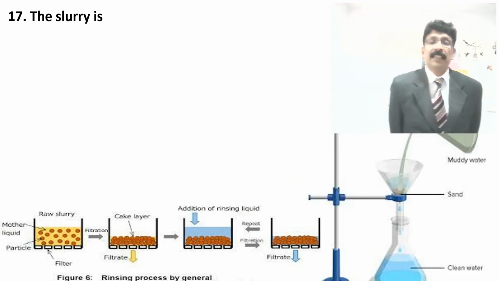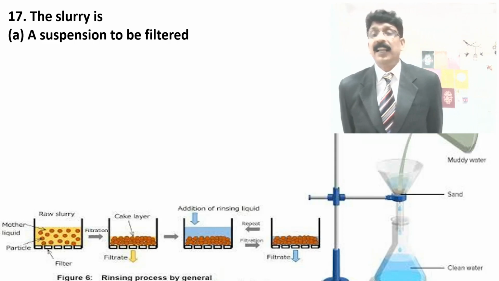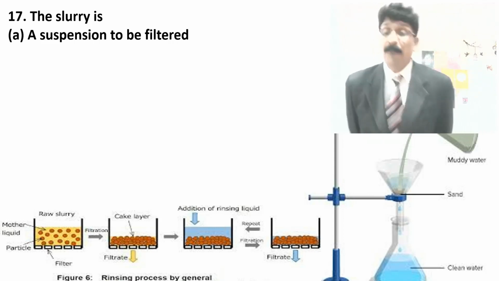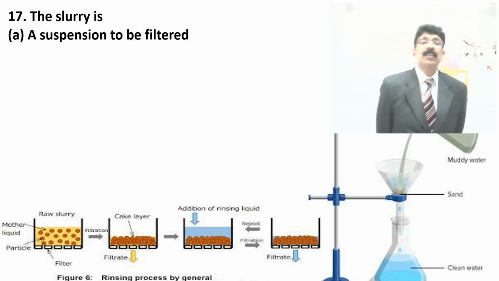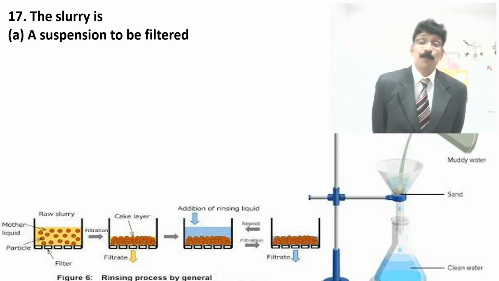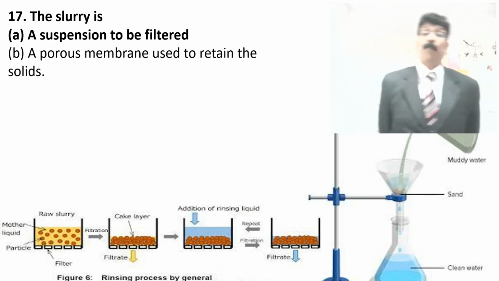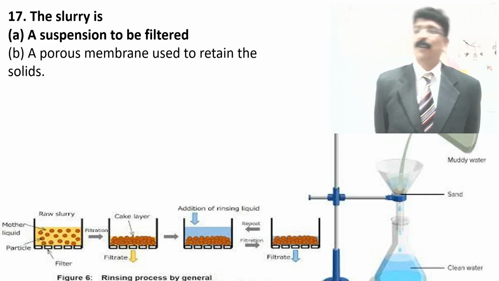They are asking, what is a slurry before filtration? You see, in the filtration shown, slurry is poured onto the filter medium. Sand is kept instead of filter paper, and you will get the filtration. So a suspension to be filtered is called the slurry. A porous membrane used for retaining the solid is the filter medium.